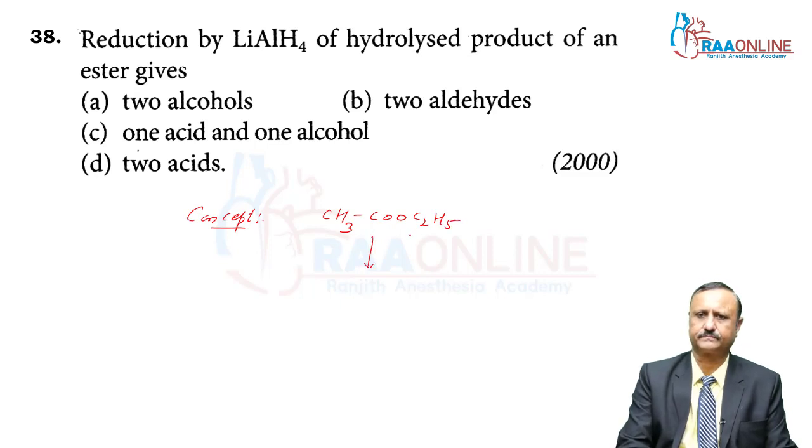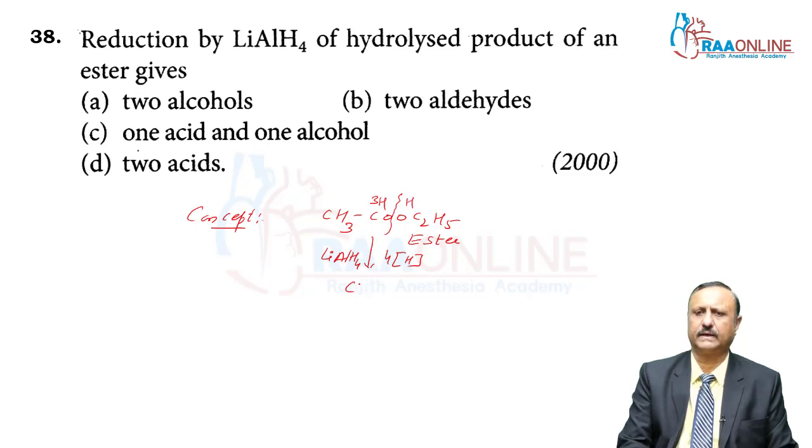Now, my dear students, this ester is reduced by LiAlH4. Then you get 4 nascent hydrogens; 3 hydrogens are attached here and 1 hydrogen atom is attached here.